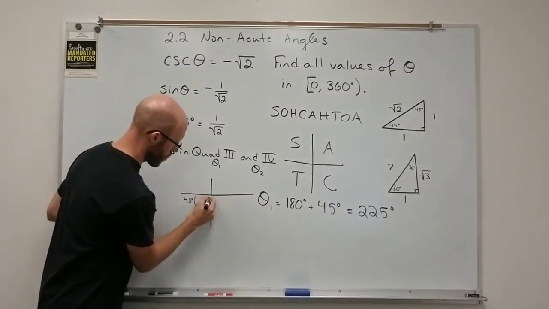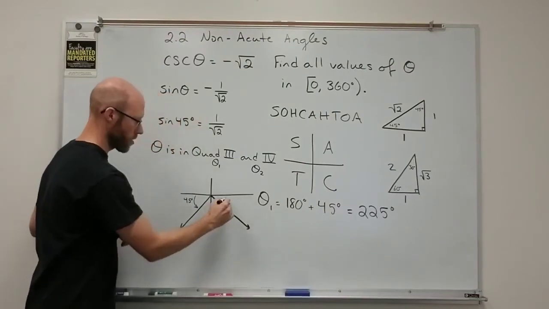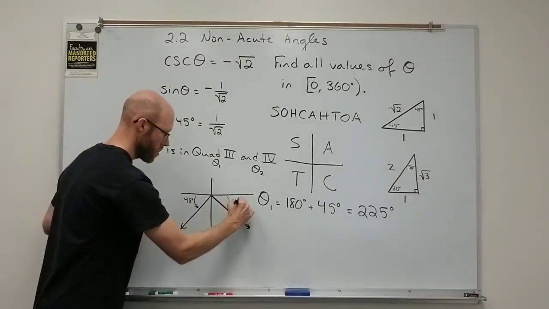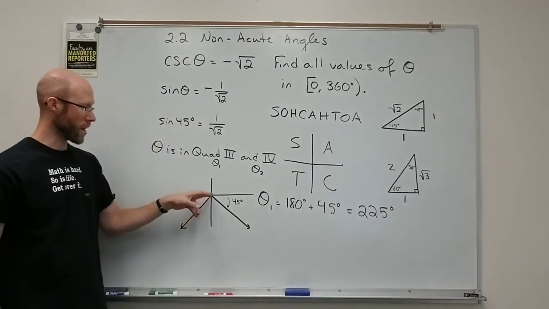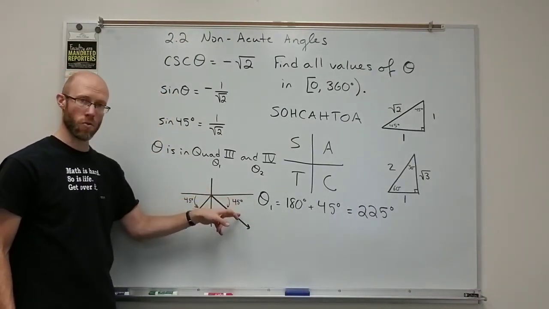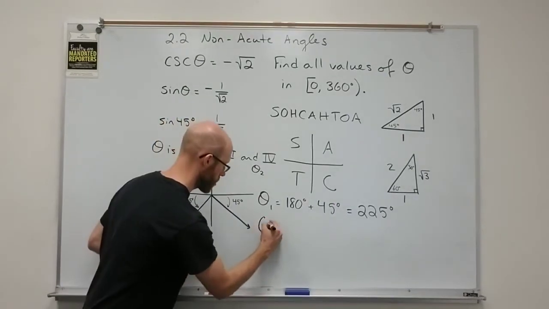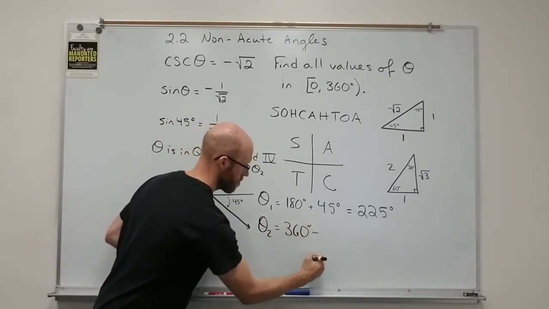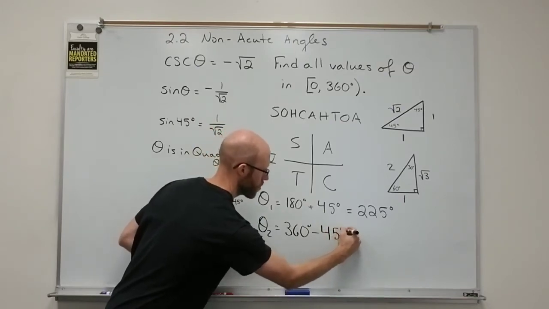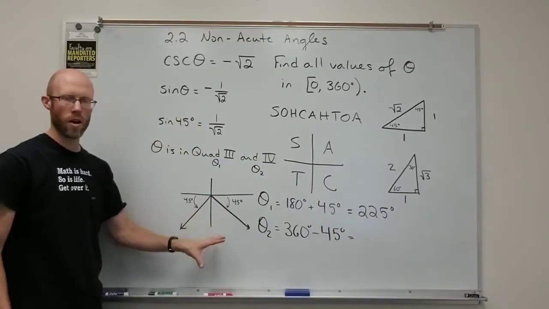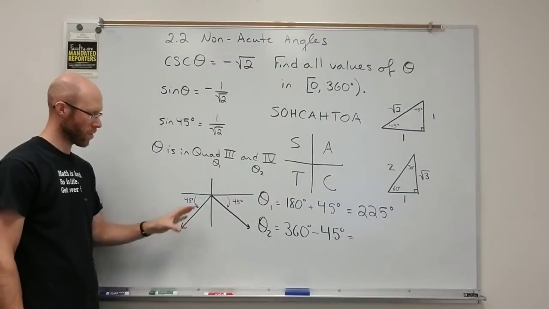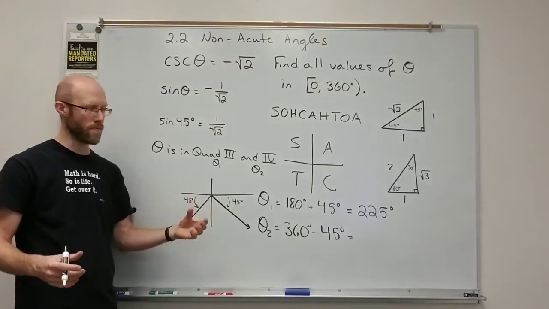Then in the fourth quadrant, I'm looking for an angle whose reference angle down from the x-axis is 45. And so to figure that out, I could take 360 minus 45. Okay, so theta 2 is going to be 360 minus the 45 degree angle. And of course, I like to draw these out. It just helps me wrap my mind around what to subtract from what.